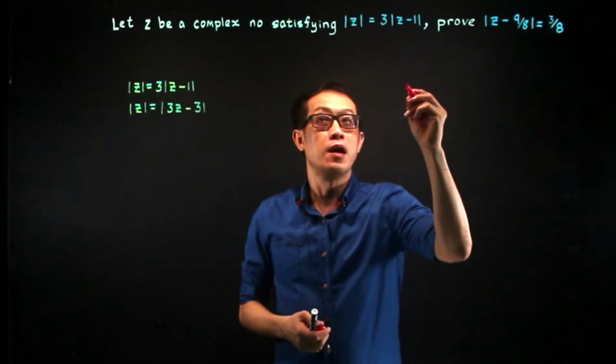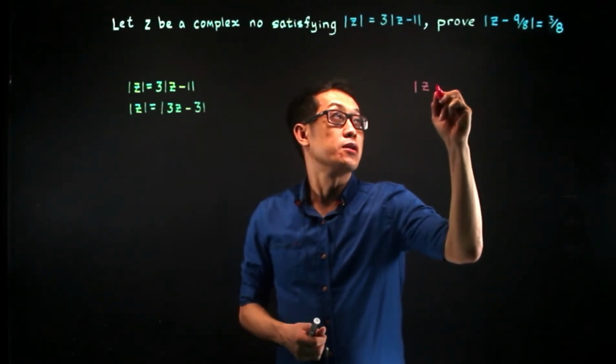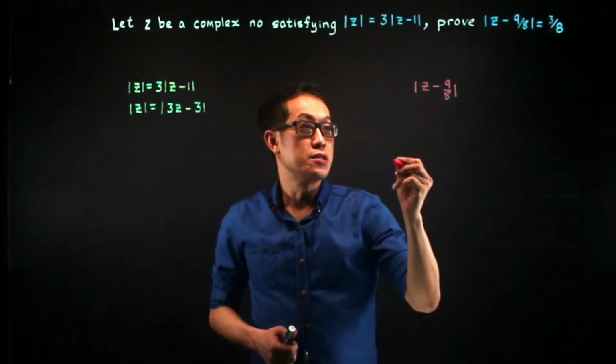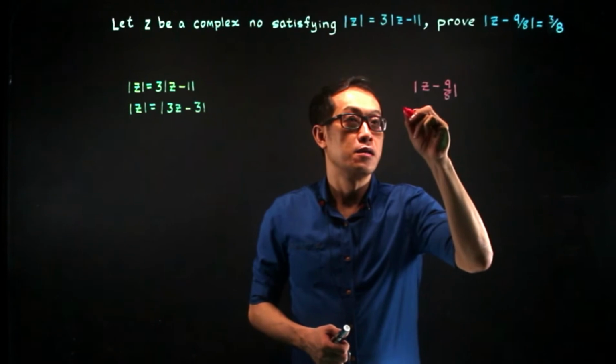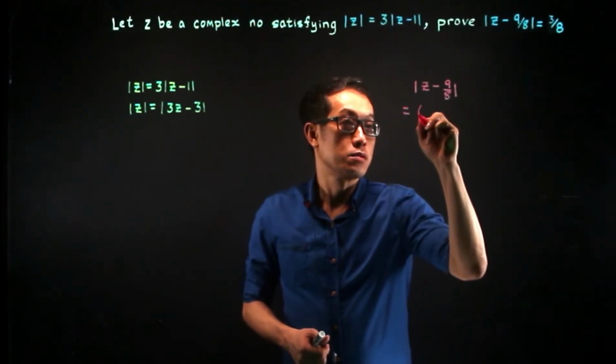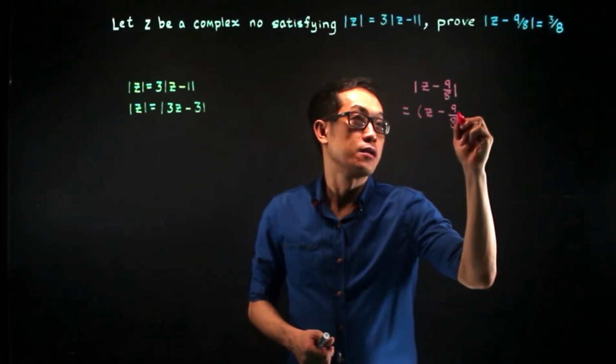So I write over here, modulus of Z minus 9 over 8. Now what is this? This will be equals to Z minus 9 over 8.